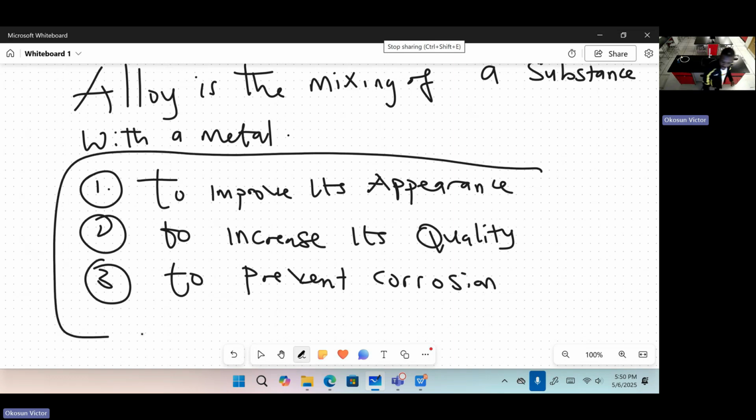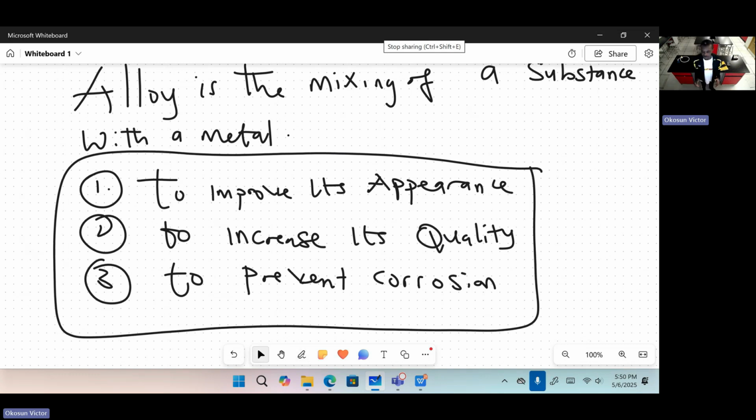So when you decide to cheat your customer, your customer demands a gold necklace, but what you have is a copper necklace, and then you now mix small gold with it. So that is not the purpose of alloy. So that's cheating. So these three statements are the reason why we do alloy. So imagine you want your metal to have good quality. You can decide to mix it with the proper alloy.